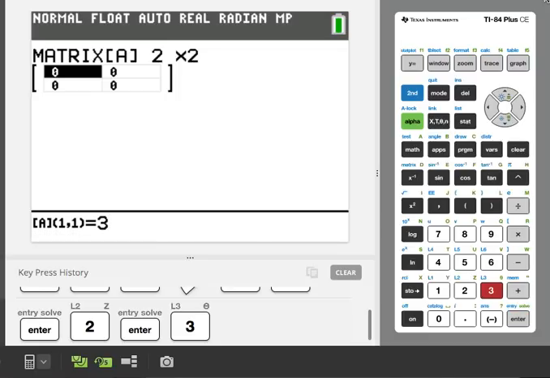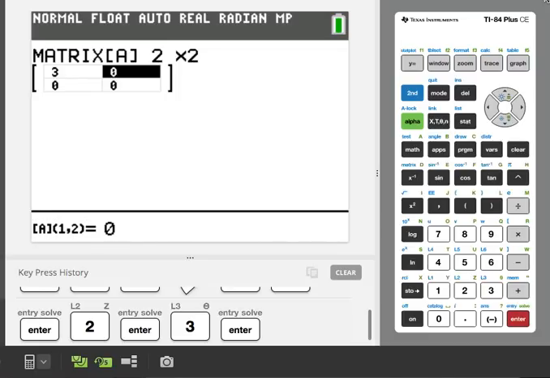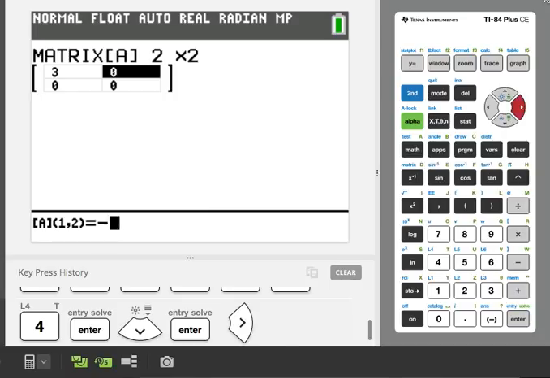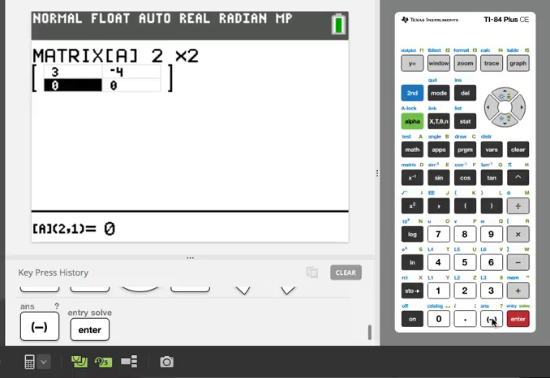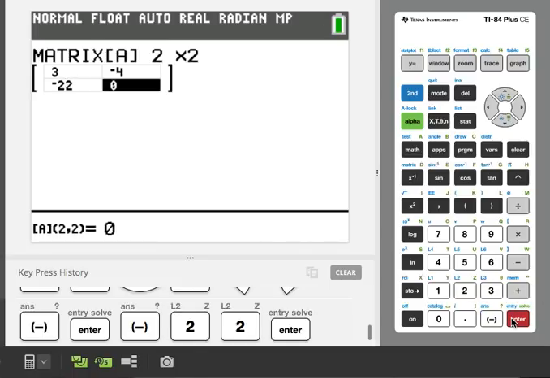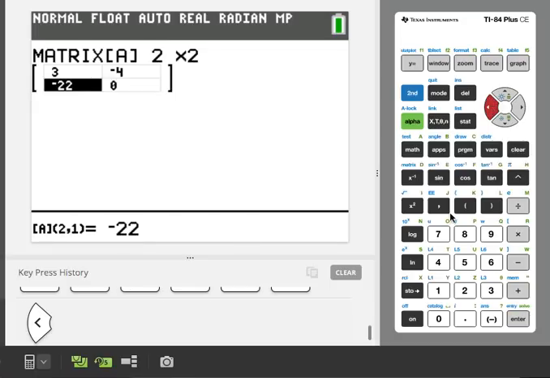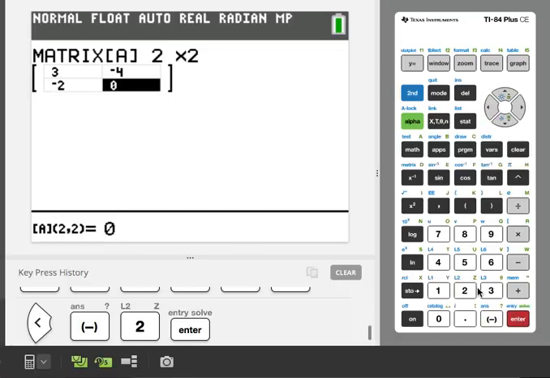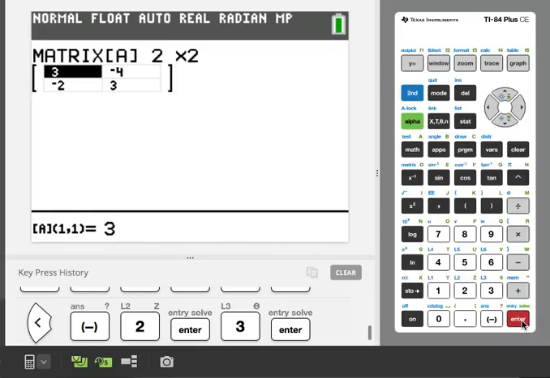Every time you type a number, press enter, and it'll jump across the row. So it's 3, -4, then -2 and 3. All right, matrix A is done.